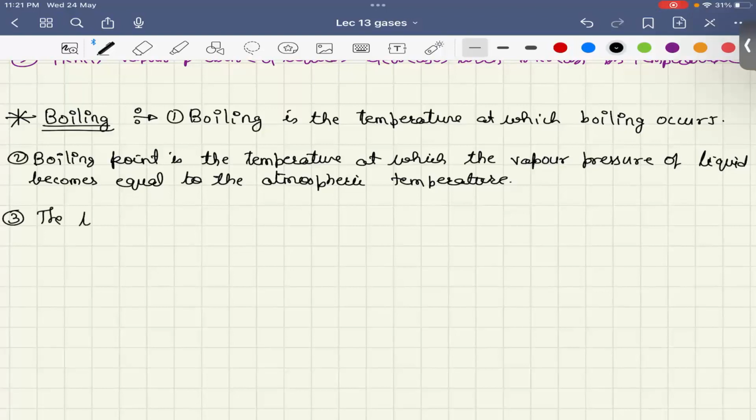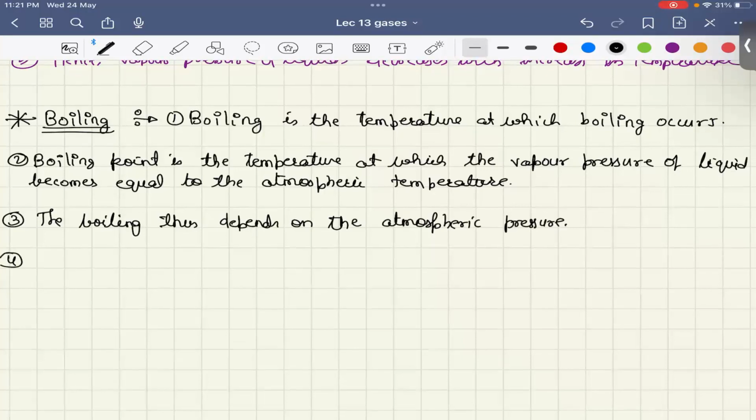The boiling point thus depends on the atmospheric pressure.